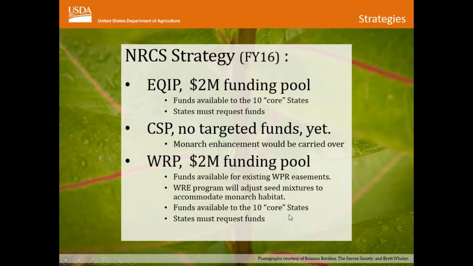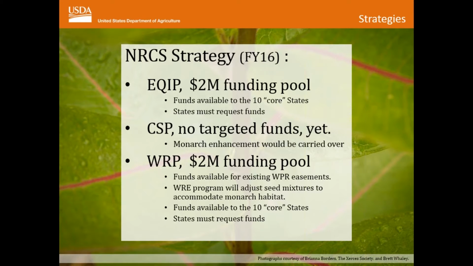So the strategy from NRCS's perspective: there's $2 million available to the 10 core states, and in addition to the Midwest, in those 10 cores, Oklahoma, Texas. For CFP, there are no targeted funds yet, but we do have the old PLT 15 scenario that has an enhancement within it, so we can utilize that for monarch butterfly.